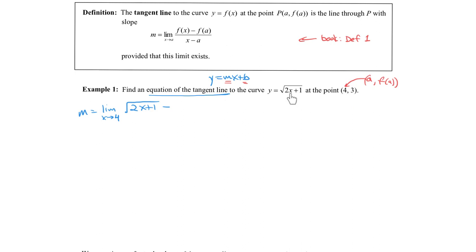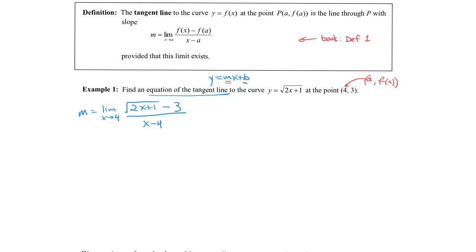If I plug a 4 in here, I'm going to get the square root of 8 plus 1, the square root of 9, which is 3. But you can also see there's a 3 right here. So I'm just using this formula right here. So f of x, which is our function, minus f of a. Well, a is our x-coordinate, 4. So f of a, I just plug 4 into our function. So when we do that, we'll get 3. And we divide that by x minus a, which would be x minus 4.